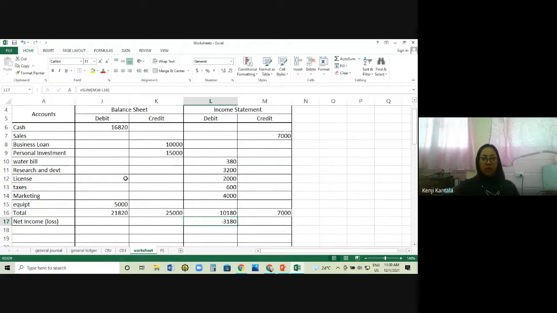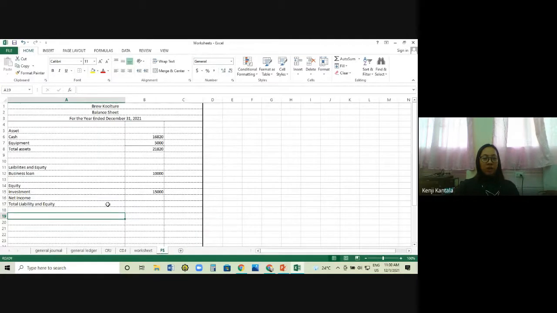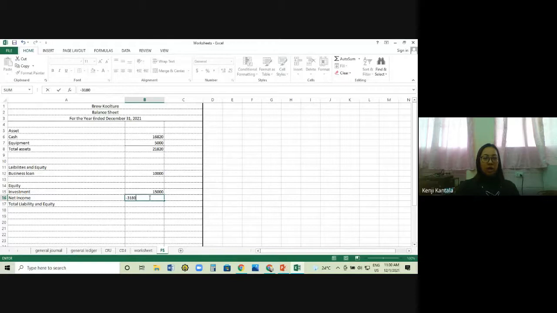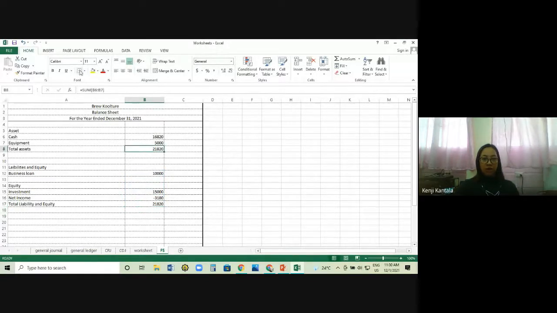But anyway, as we continue with our operations, magkakaroon na tayo ng gain kasi at least tapos na tayo when it comes to our expenses sa ating licenses and taxes. So we have here a net loss of 3,180. So we need to reflect that in our statement. So that is negative 3,180. So kapag isasum na natin to, it should be equal with your total assets as well.